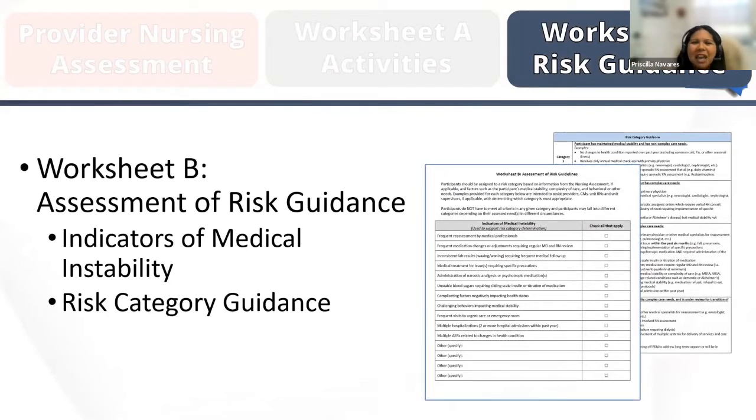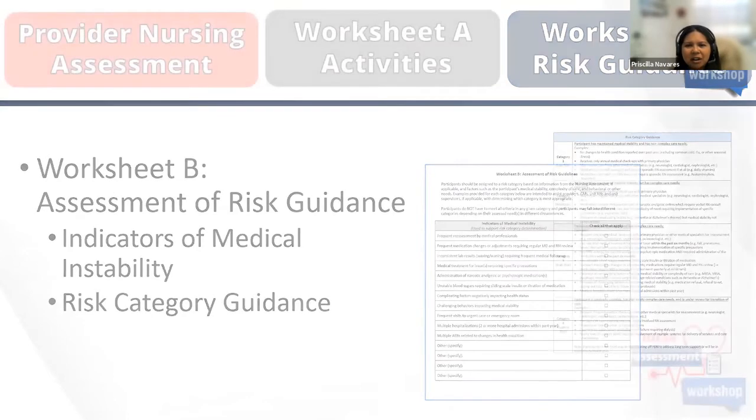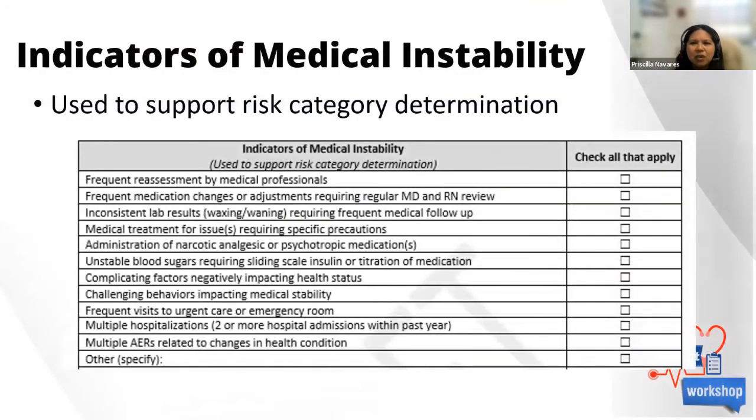And finally, the last part of that delegation packet does include Worksheet B. For Worksheet B, you have a checklist of indicators of medical instability and the risk category guidance. In that first part, the indicators of medical instability, you can see that there are different components here. You would check it off.